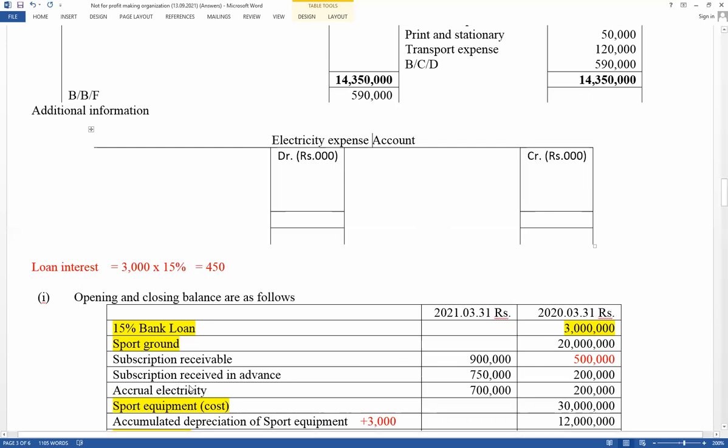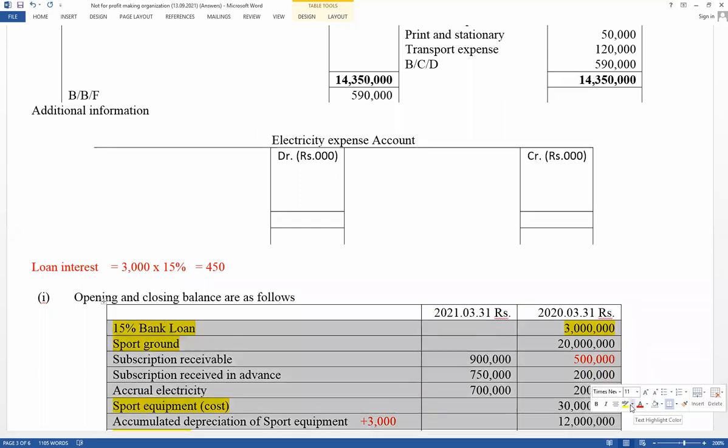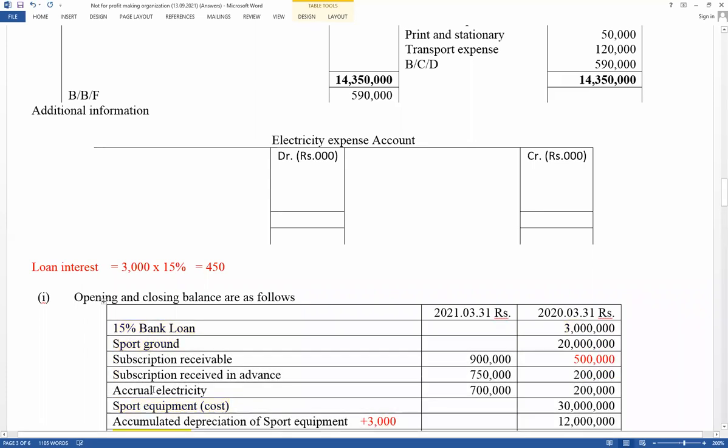Therefore, think about accrual electricity opening and closing balance. Accrual electricity has been given with opening as well as closing balance. Opening balance equals 200, closing balance equals 700. We are going to calculate the value for the year. Based on accrual concepts, the income statement should include the value for the year.